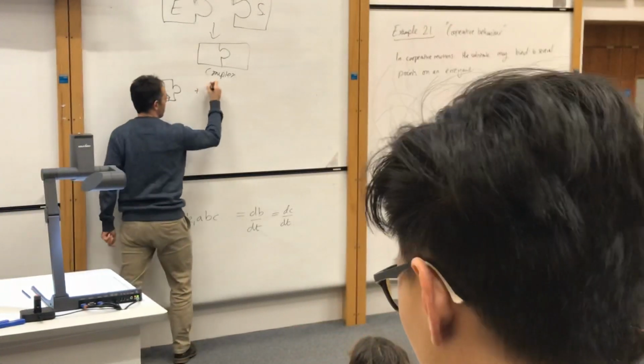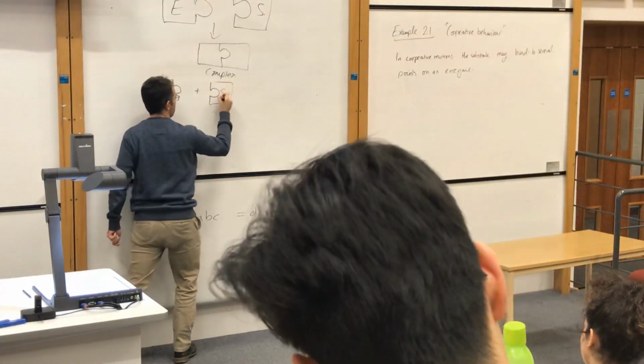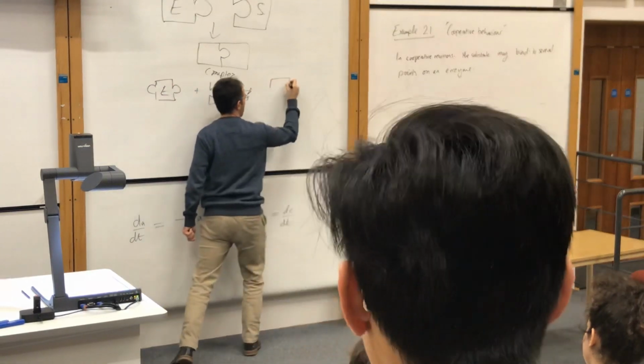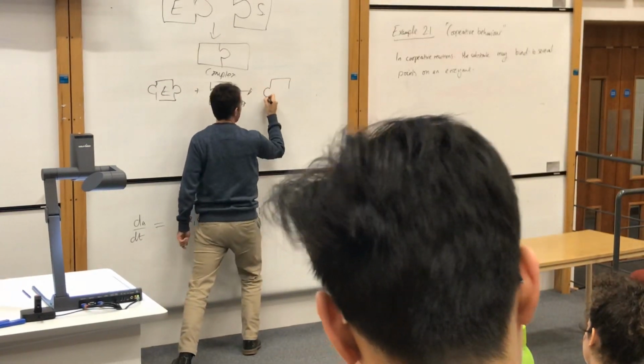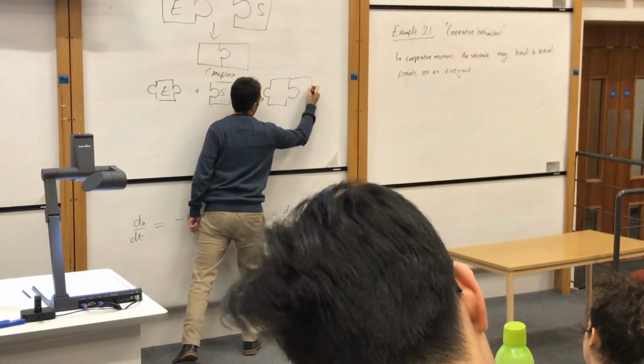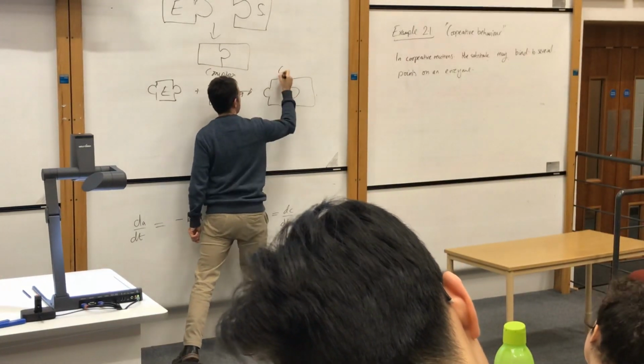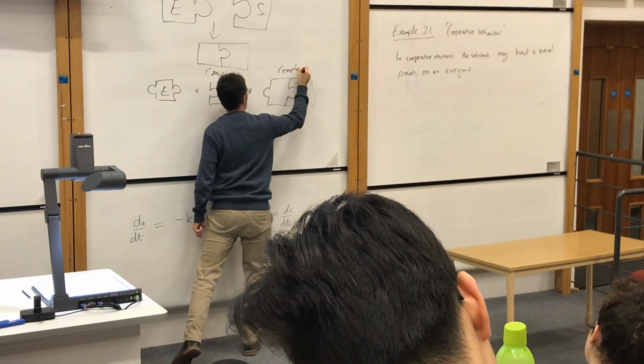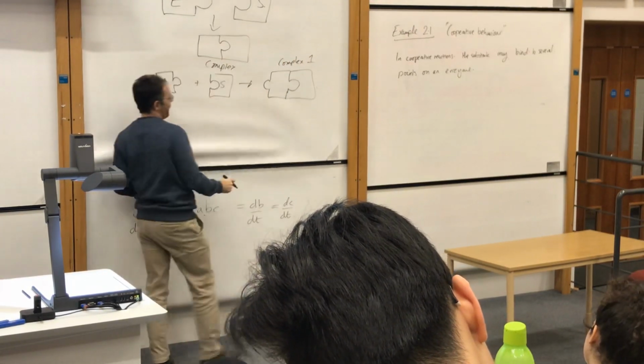So E plus substrate would allow you to link together to form a complex like this, or a complex one.